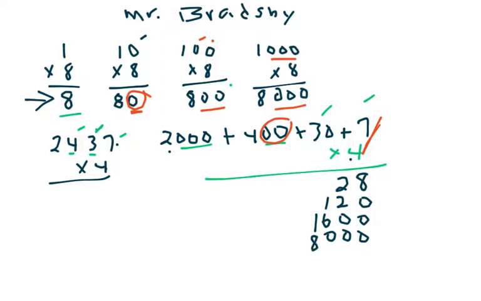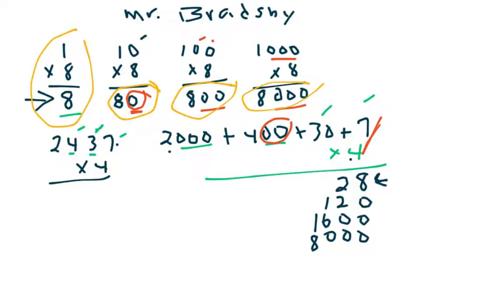So you see, just like we did up here to begin with, we had ones with no zeros, then tens, 1 zero, hundreds, 2 zeros, thousands, 3. So as we worked our way down this multiplication problem, we didn't have any extra zeros. Now you could have a zero in there. For example, if this was 4 times 5, we'd get 20.